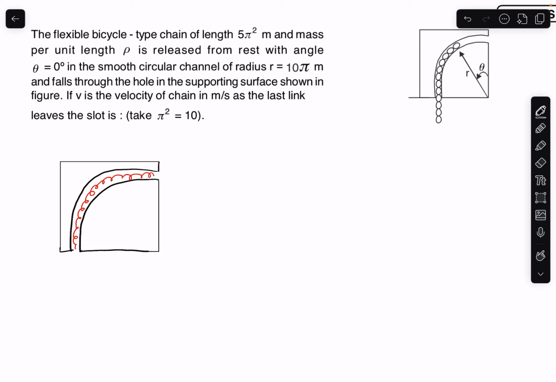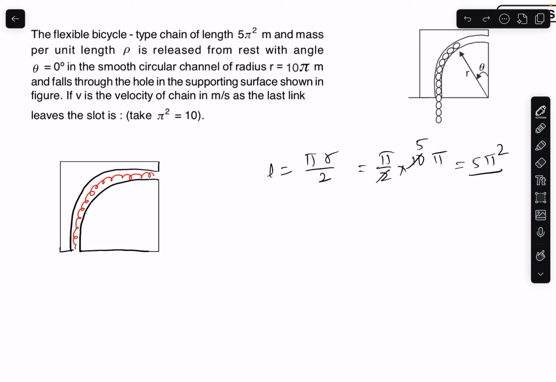The length of this quarter circle will be πr by 2, and we can verify that this length will be equal to the length of the chain. If you put the value of r, which is 10π, this comes out to be 5π², which is exactly equal to the length of the chain.